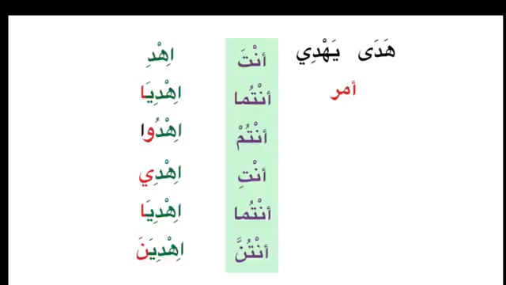Ihdina, the na is the maf'ulun bihi, guide us, so that it will have two maf'ulun bihis: as-sirata al-mustaqima, so it's a straight path, and as-sirata is again maf'ulun number 2, and al-mustaqima is the naat. So this is how it is constructed. It comes from hada yahdi.